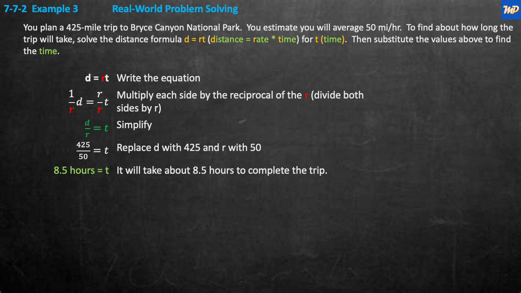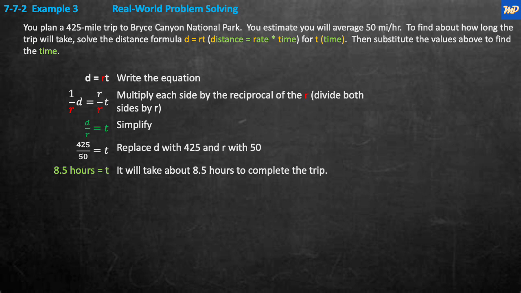To find about how long the trip will take, solve the distance formula, d equals r times t, or distance equals rate times time, for the t variable, for the time, because that's what they want. We want to solve for time. Then substitute the t that we find into the variable and see what we end up getting.